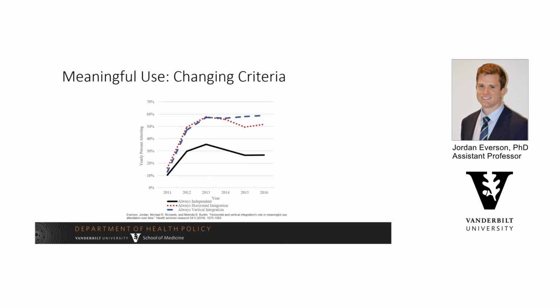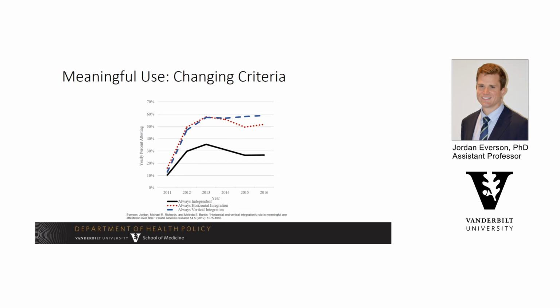A key consequence of the stages and the increasing difficulty of attesting to meaningful use is that, at least among physicians, there was a notable decrease in how many physicians were meaningful users of electronic health records over time. So taken naively, this would say there was less use of the electronic health record.